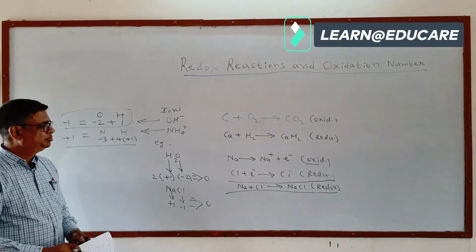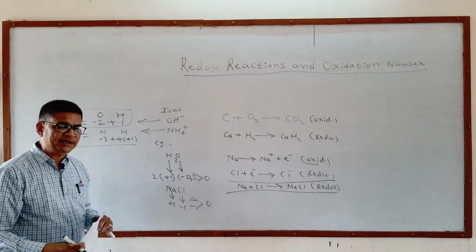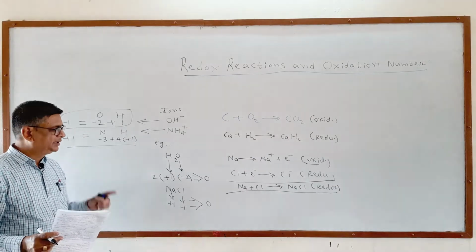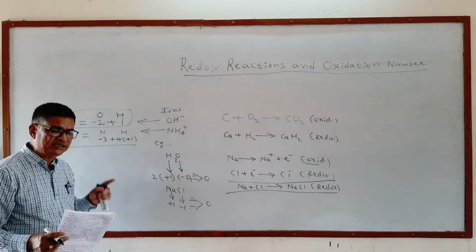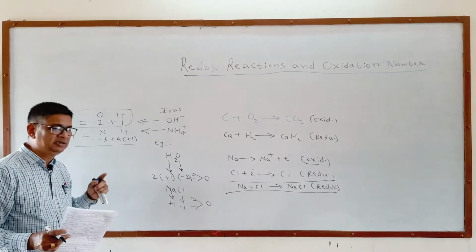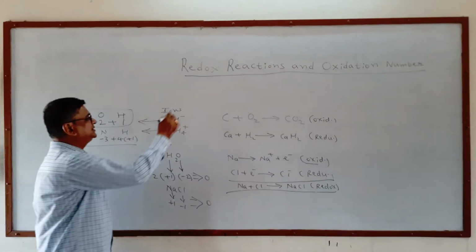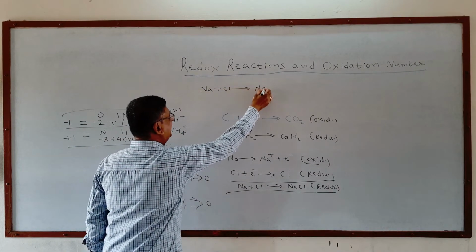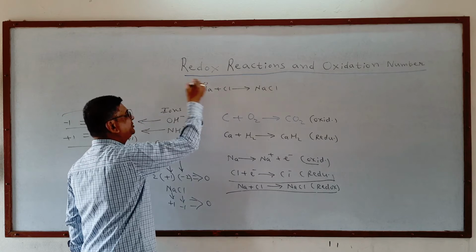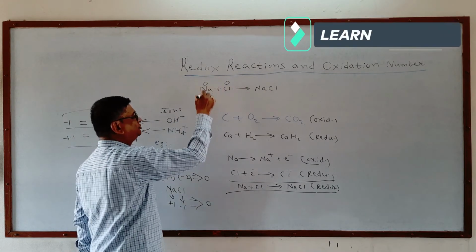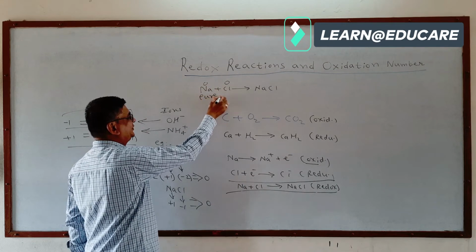So what does oxidation number decide? It decides for the reaction how the oxidation number of the reducing agent changes, and how that of the oxidizing agent changes. If you take the example sodium plus chlorine, that gives NaCl, in which sodium has oxidation number 0 on the reactant side, and chlorine has 0 because they are pure elements.